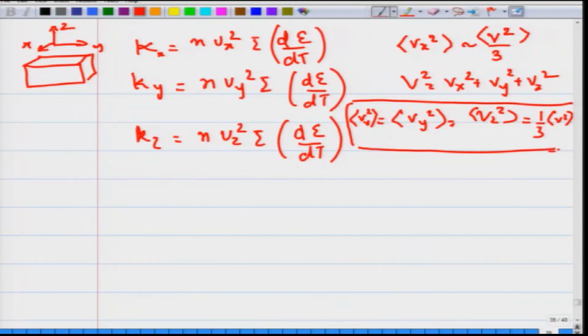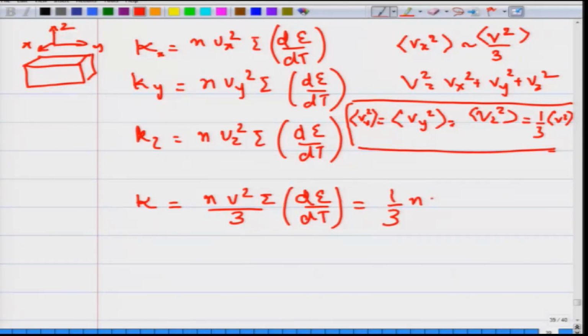And so, you can put that in here and you get the average thermal conductivity of the material: n V square tau by 3 dE by dT, which is again the specific heat. So, it is 1/3 n V square tau times the specific heat. Okay.